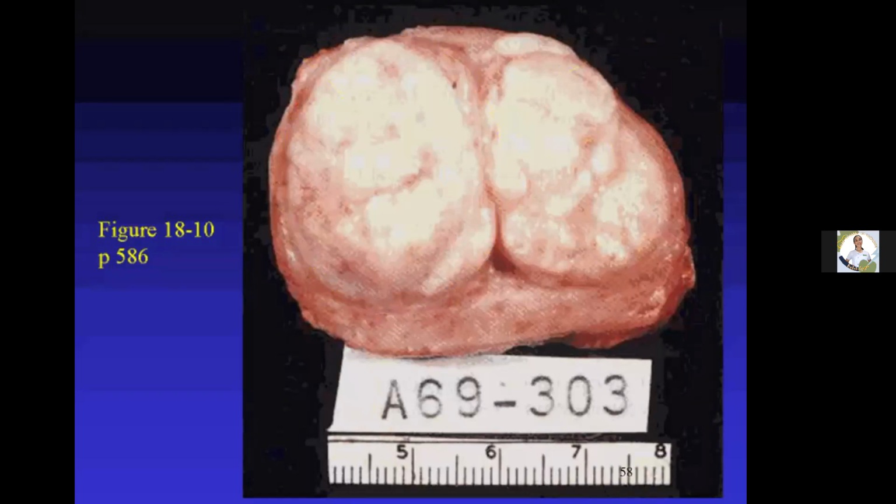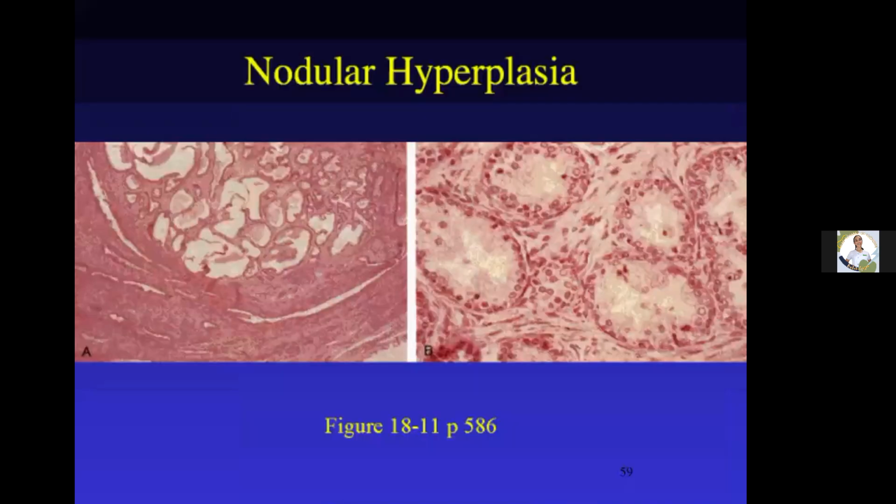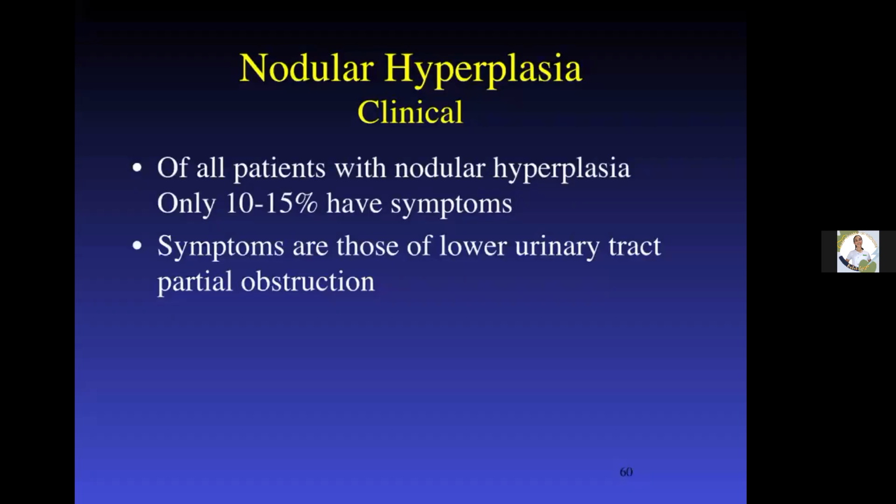Here is another picture of your nodular hyperplasia. Under the microscope, you can see proliferation of both your glands and your stroma, the glandular and the fibromuscular stroma. The glands there are lined by 2 layers of epithelial cells, unlike in malignancy wherein you can only see a single layer of cells.